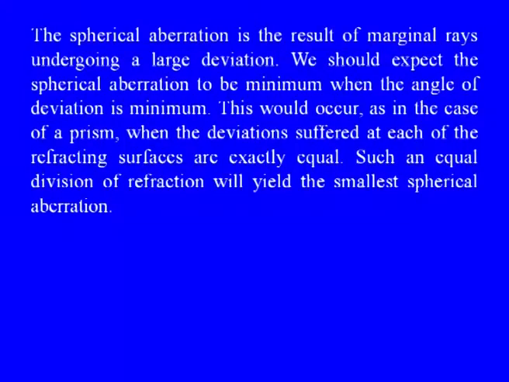So, we should expect the spherical aberration to be minimum when the angle of deviation is minimum. As happens in the case of a prism, this occurs when the deviations suffered at each of the refracting surfaces are exactly equal. Such an equal division of refraction will yield the smallest spherical aberration.